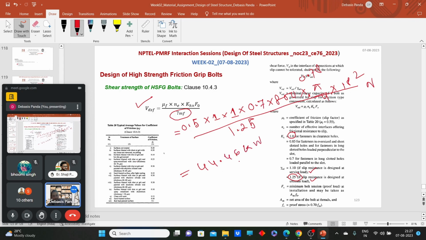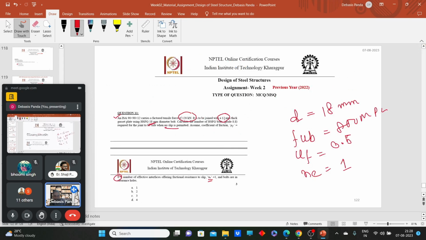44.46 kilonewton, and if you are calculating in Newton, then 10^6 and 10^-3 will come. So this is the amount of shear capacity one frictional bolt can sustain. Now come to the question: how many bolts will we require to transfer the load? Is the load given? Yes, 120 kilonewton.